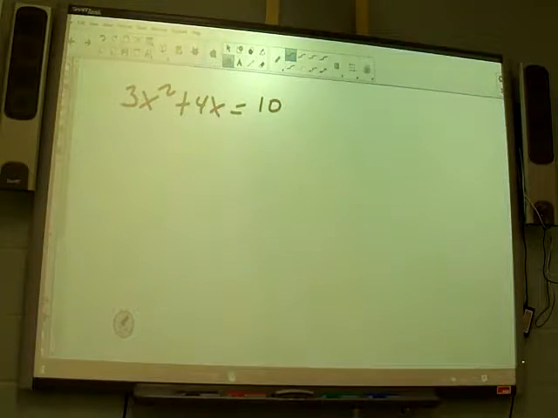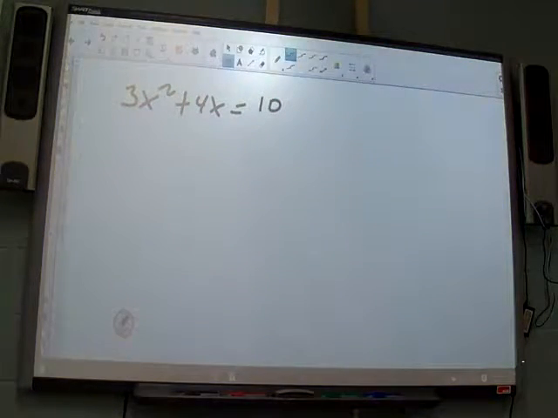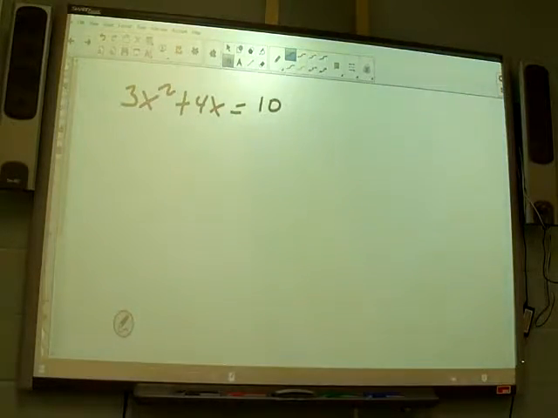So this is 16, and then negative times negative is going to make a plus. So 16 plus 120, so we had 136. Type in just the part underneath the radical.